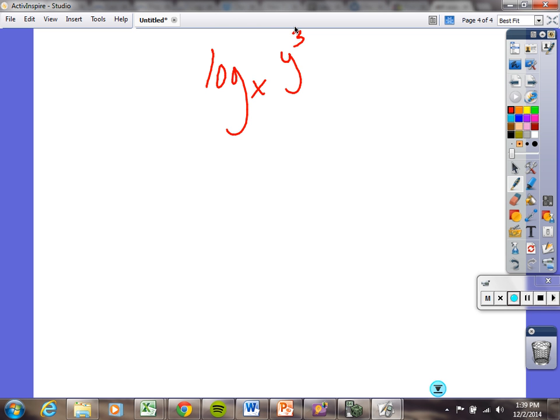Okay, so let me ask you a question. Can somebody just tell me, what does y cubed mean? Y times y times y. So I could rewrite this to be log of x of y, y, y. Correct? With that being said, we just learned something.